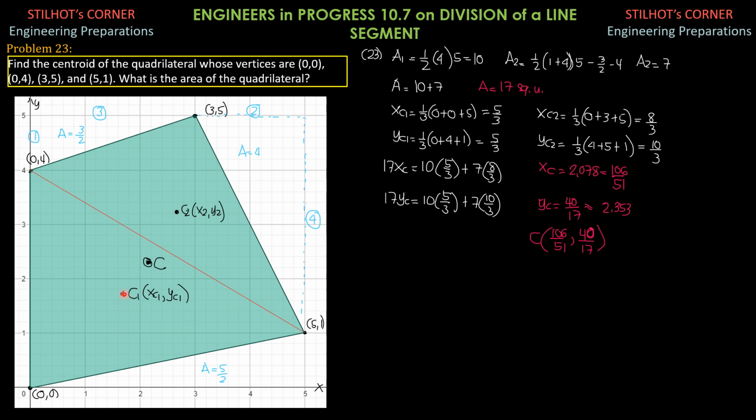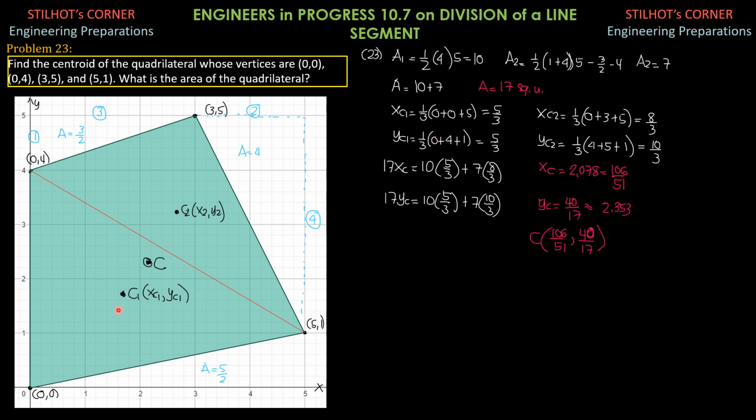Then for this triangle here, the x-coordinate of the centroid, x sub c1, is equal to 1/3 of quantity 0 plus 0 plus 5, which is 5/3. Y sub c1 is 1/3 of quantity 0 plus 4 plus 1, which is 5/3.